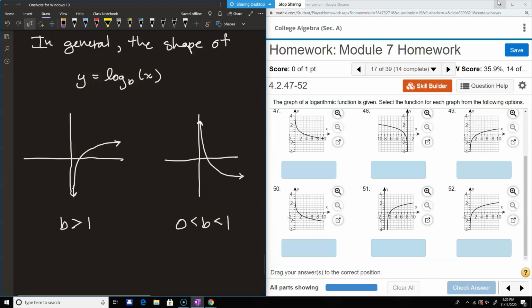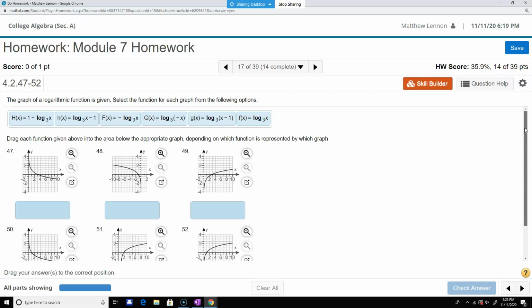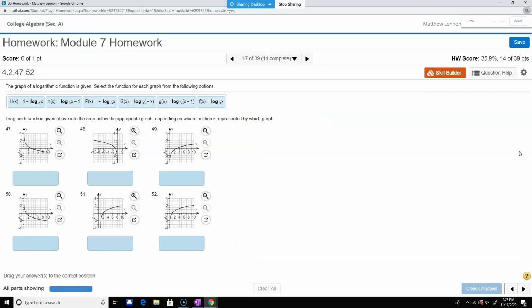So what are we doing here on this particular problem? The graph of the logarithmic function is given. Select the function for each graph from the following options. Oh, up there. So it's a drag and drop kind of problem. Maybe I can zoom out. Yeah, so there we go. So log base 3 of x, I'm just looking at this f of x here on the end.